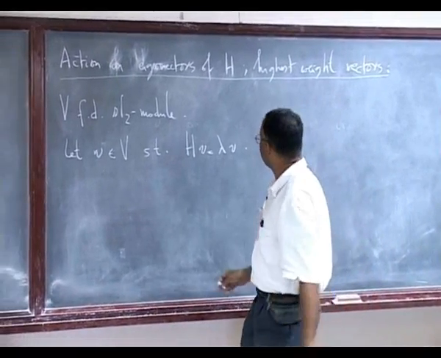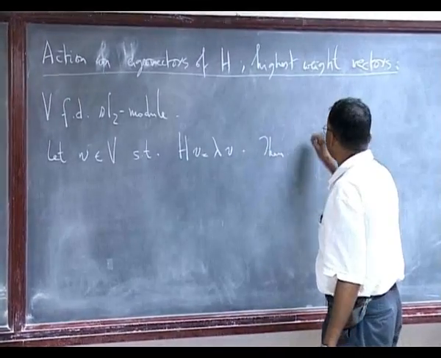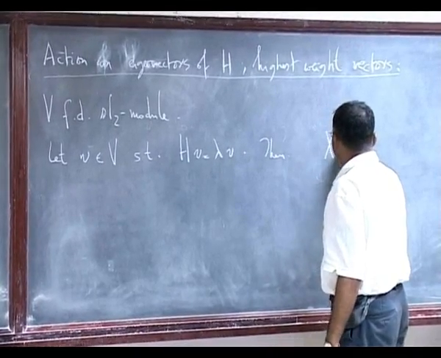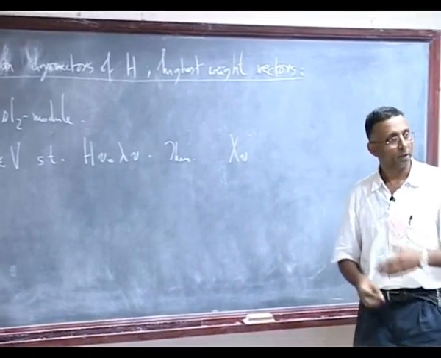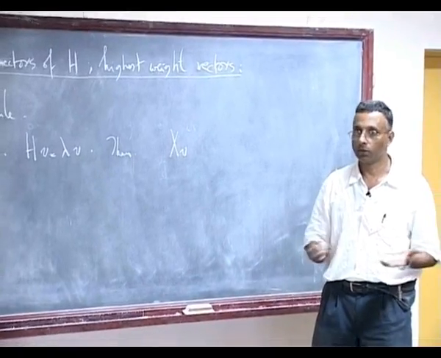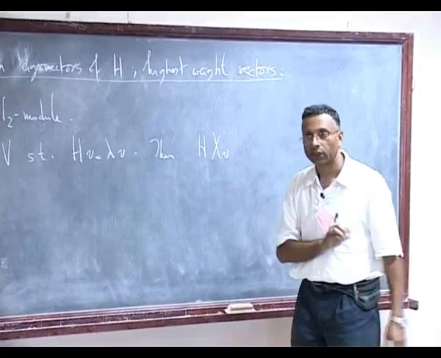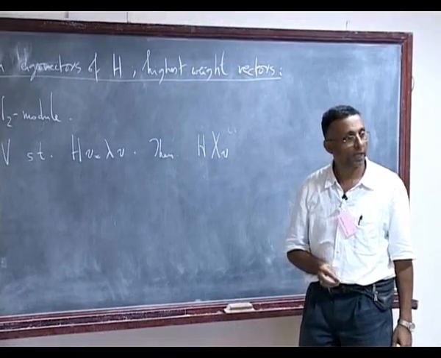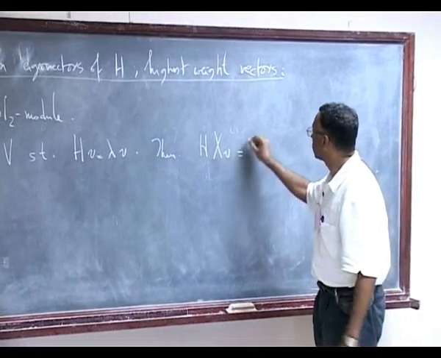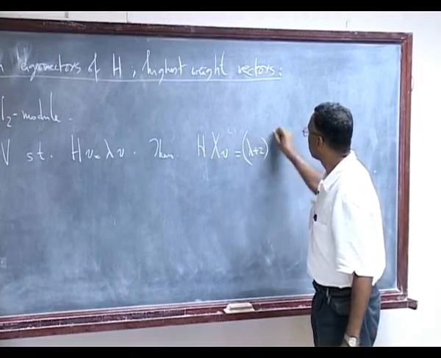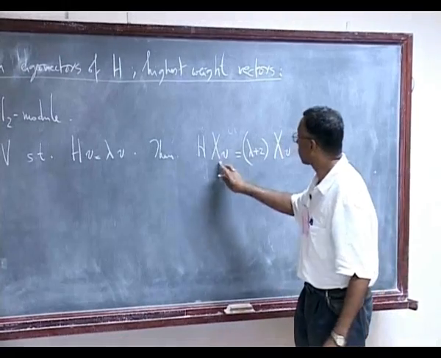Then if I act X on v, a simple and pleasant calculation tells you that this is also an eigenvector for H, but with eigenvalue lambda plus 2. So Hxv equals lambda plus 2 of xv. This is an easy calculation.